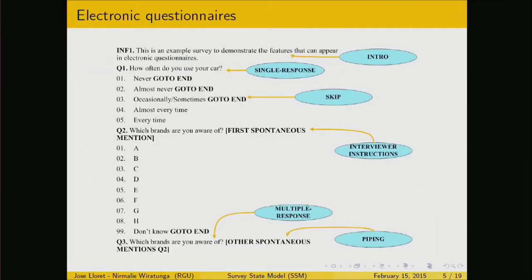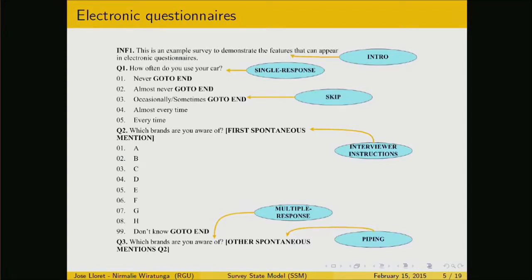So here is an example of a questionnaire in which we try to represent at least the important features of electronic questionnaires. The intro question allows you to introduce a new section or end a section. With single response, obviously, you can only select one response from the set.